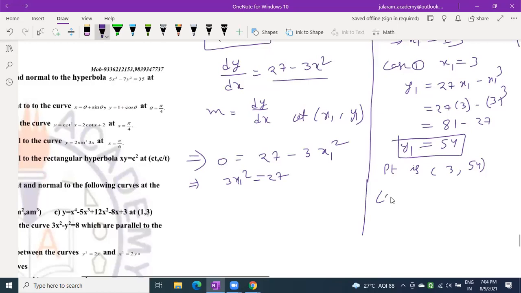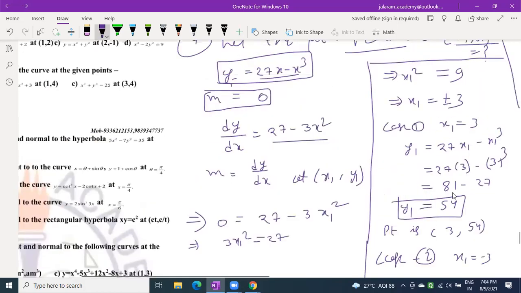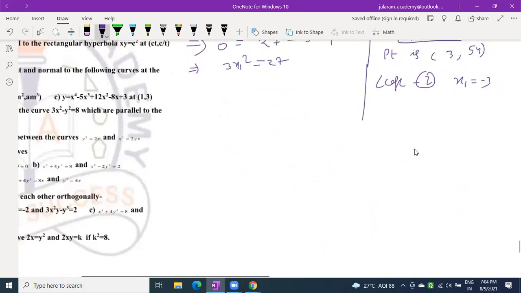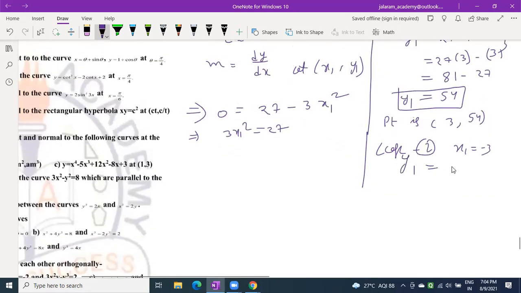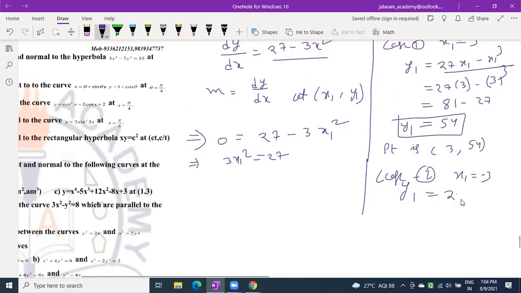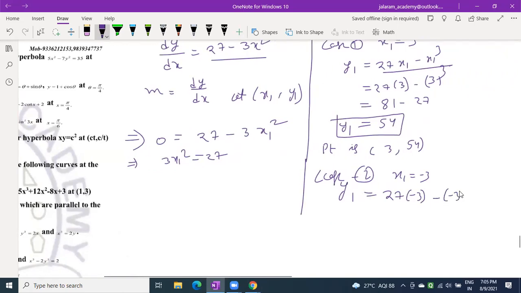The next point is obtained when we use case 2, when x1 equals minus 3. We have calculated that x1 is either plus 3 or minus 3. So y1 equals again 27x1 minus x1 cube, that is 27 into minus 3 minus minus 3 whole cube. So minus 81 plus 27, that is minus 54.